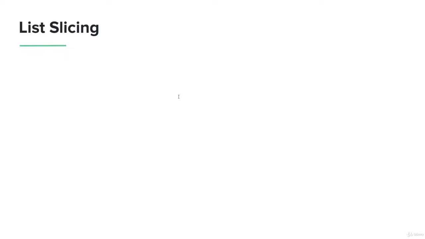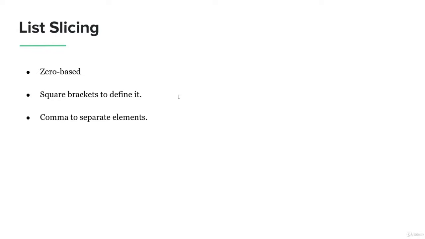So in order to slice a Python list, you need to know that it's zero based, so we start from 0, not 1, and square brackets are used to define the list, and we use comma also to separate the elements of the slicing, and we use the colon to slice the Python list.